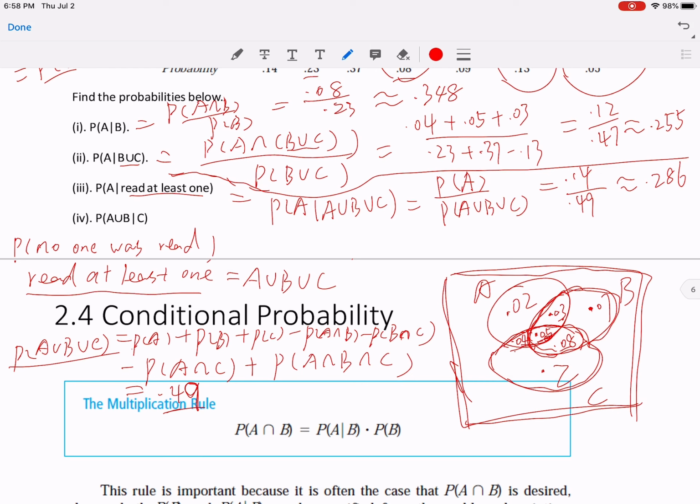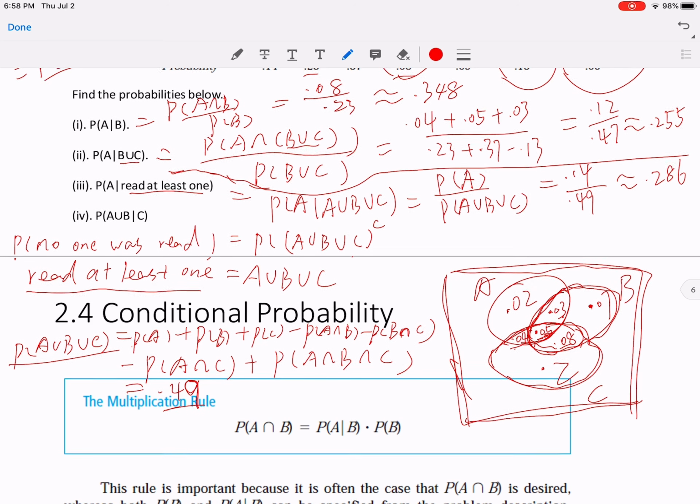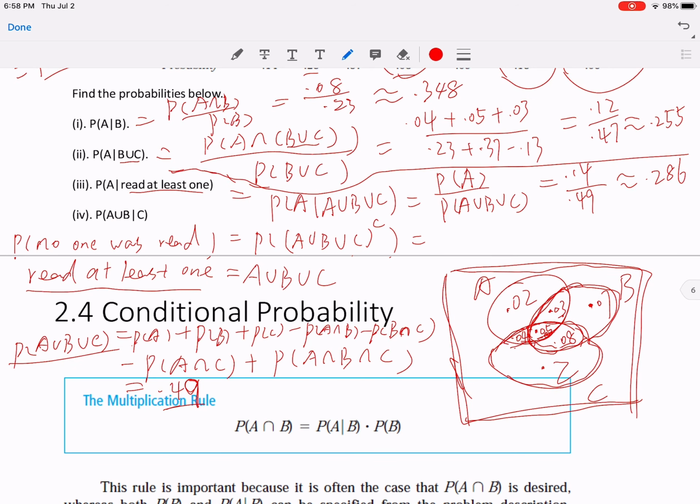In this case, we're going to think of the complement. The complement of no one was right is at least one of them was right. So this is equal to the probability of A union B union C complement.